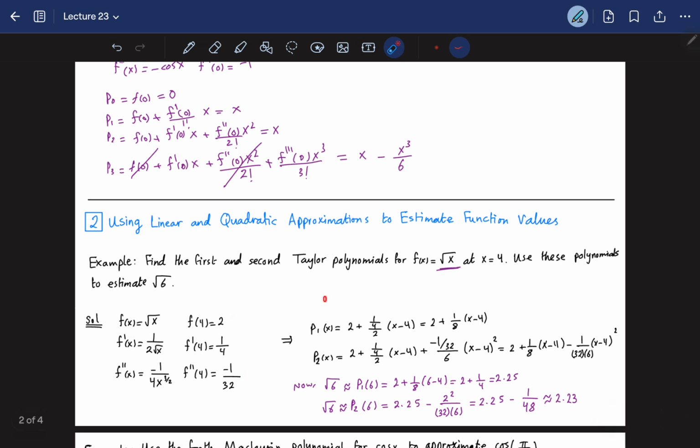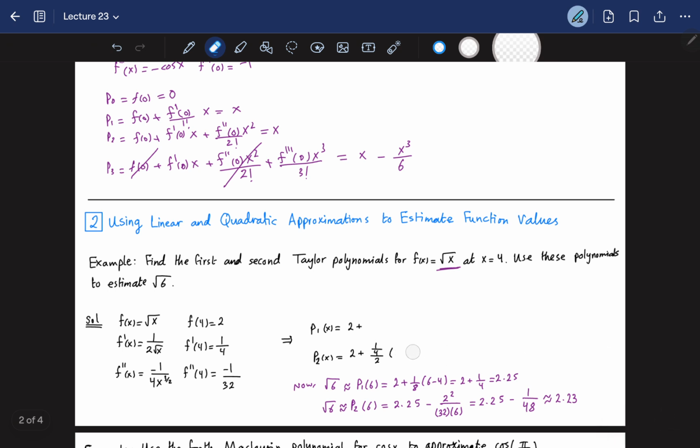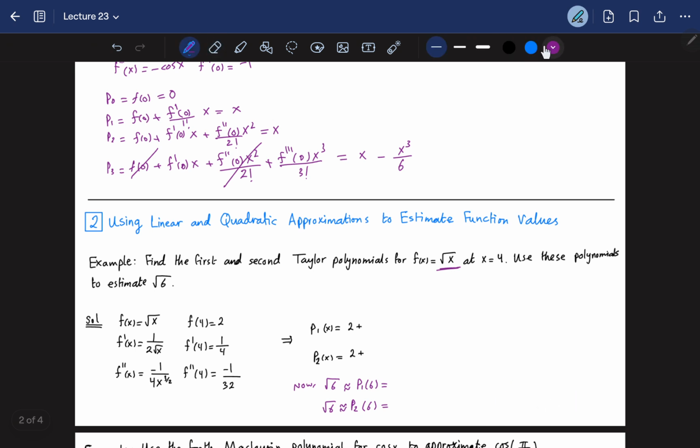Now let's construct the first Taylor polynomial. So we're going to have f of 4 plus the first derivative, okay, I think I made a mistake here, so let me actually redo it. So yeah, let's see.